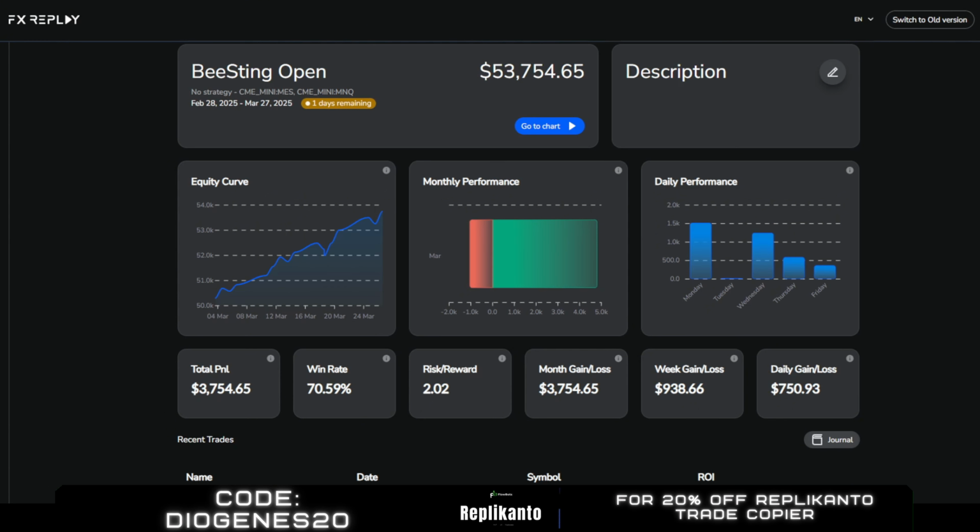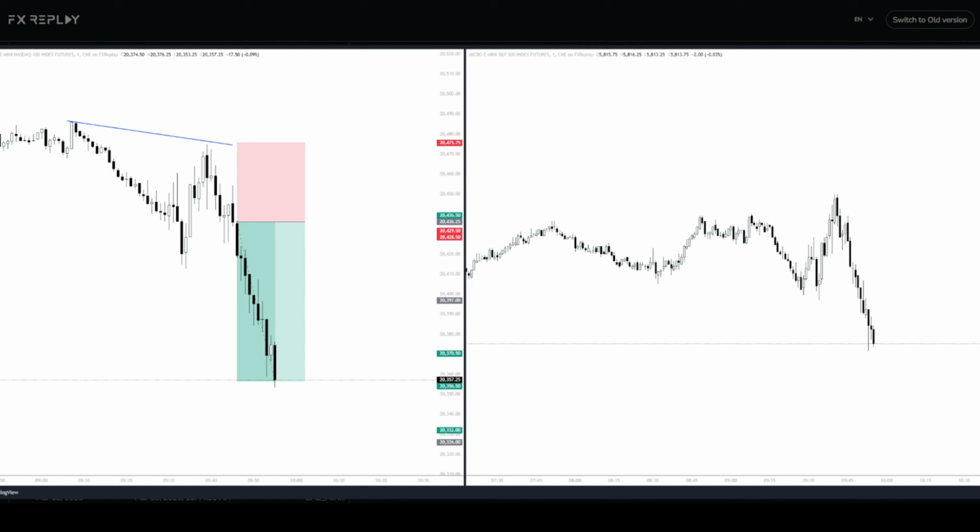I entered late with FX Replay because I forgot, since I was only backtesting, and maybe the candles were speedy. So when this second CSD happened here, I entered. Sometimes I can put my stop just here because this is now a propulsion block.